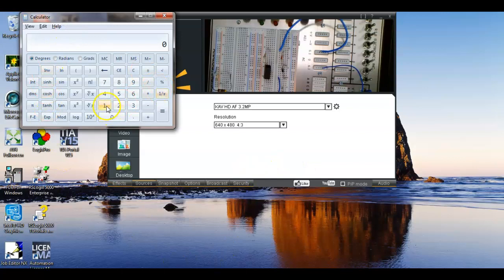I've got 12.6, and I'm going to divide that by 0.707. 12.6 divided by 0.707 equals that, minus 0.7 is equal to that.